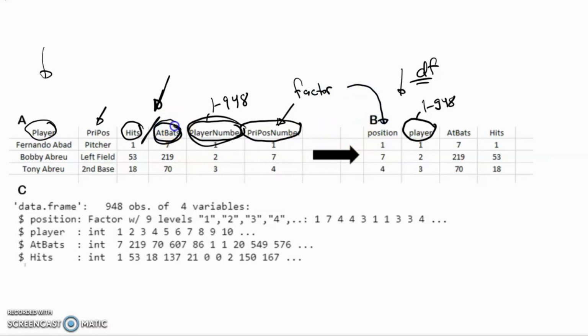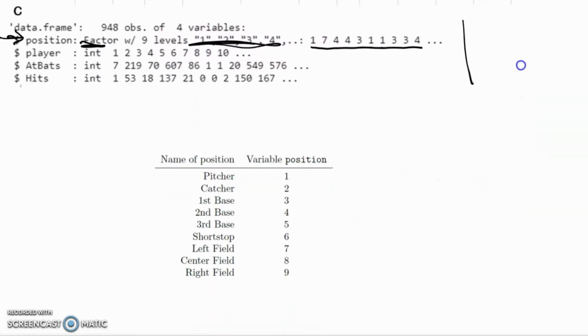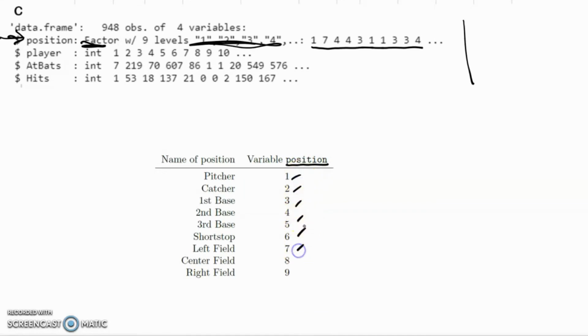And then at bats and hits are just going to be transferred over. So our data frame is going to have these 4 variables, and note that position is going to be a factor. Initially, the levels may have been stored as characters, but now they're going to be stored as numbers. Here shows for the variable positions what each one of those numbers means.